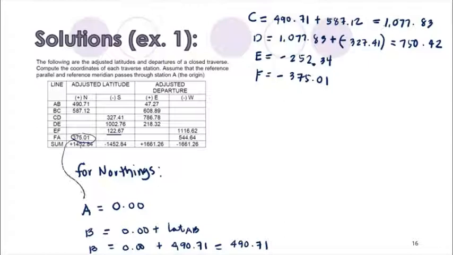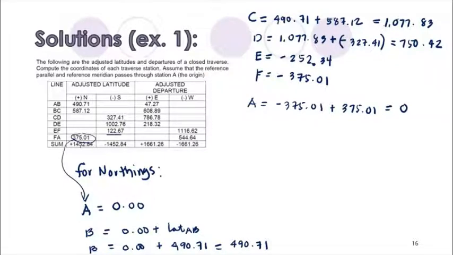Okay, and then if we add again this one, that is FA, so meaning it will go back to A. So this is a checking, no? That is a negative 375.01 plus a positive latitude 375.01 is equal to 0.